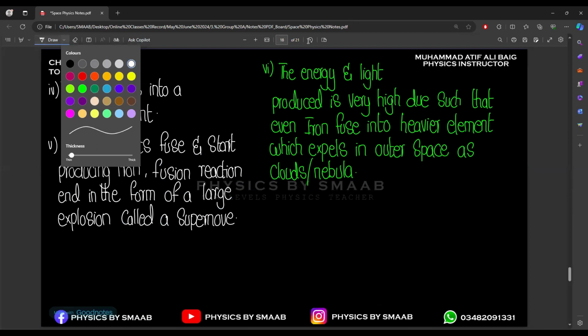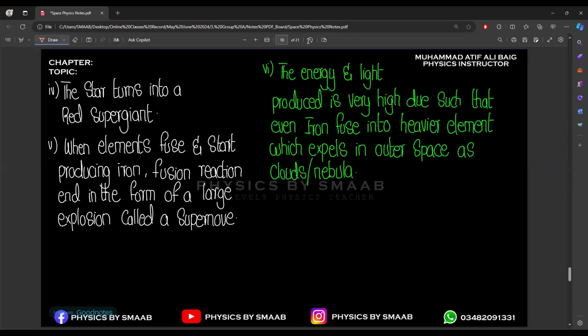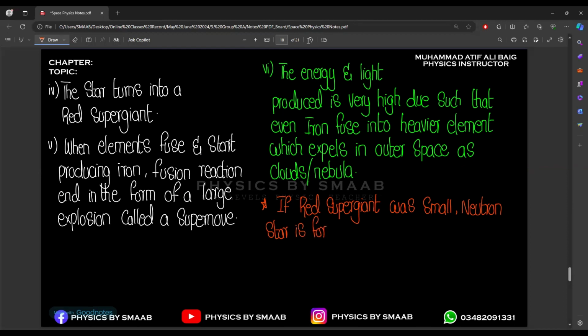So the first part is, if the red supergiant was small, so a neutron star is formed. So a neutron star is formed that has no fusion reaction.